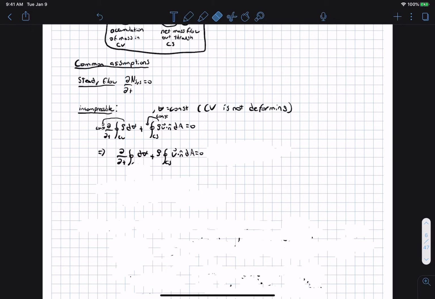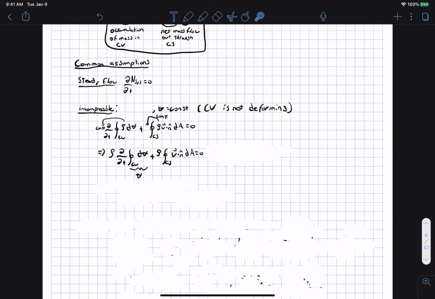This implies the density times the time derivative of the integral of dV, and this here is just the volume, plus the integral of rho times the surface integral of v dot n hat dA is equal to 0, because this is still just conservation of mass.